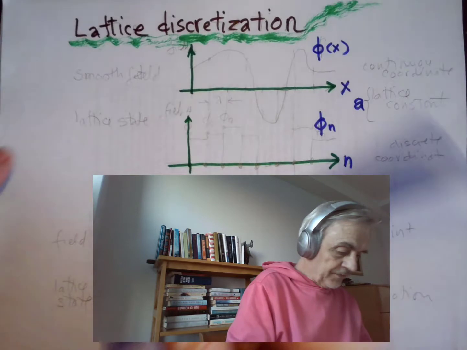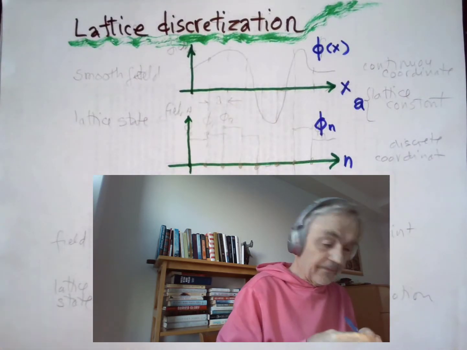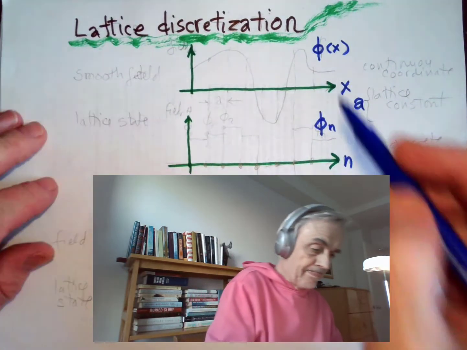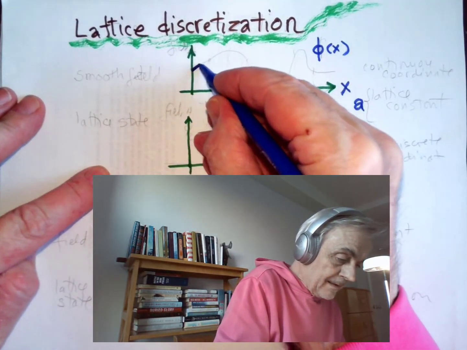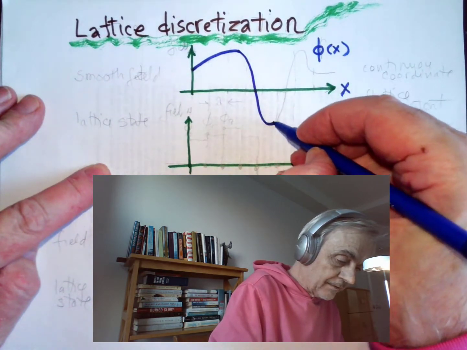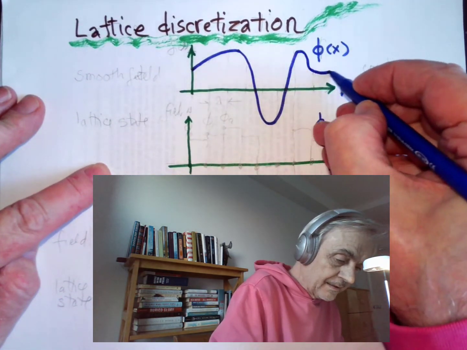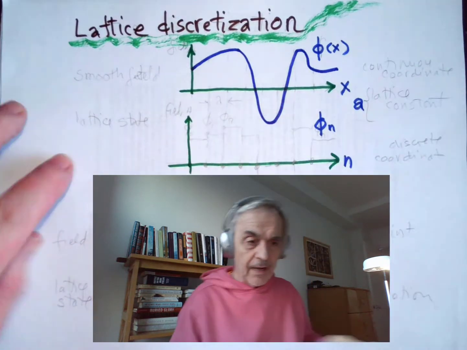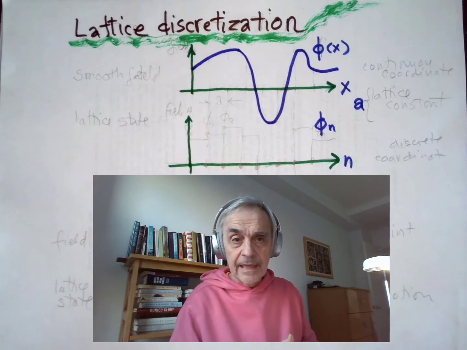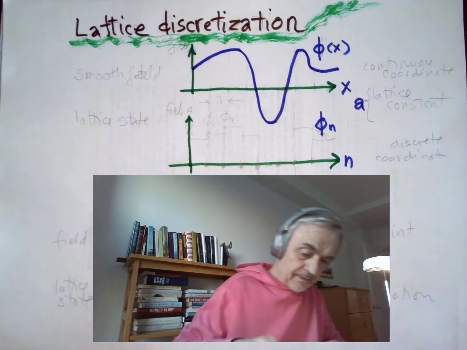Suppose we have a smooth field phi of x, and we'll start in one dimension. So you have a direction x, and for every value of x, a field has a value, and we assume it's a smooth field.